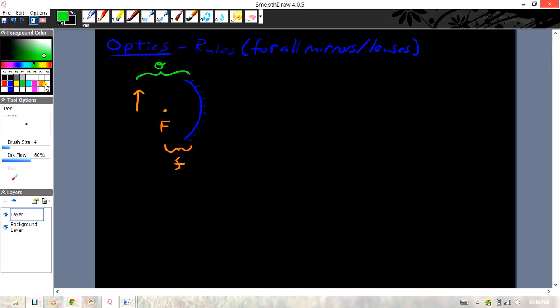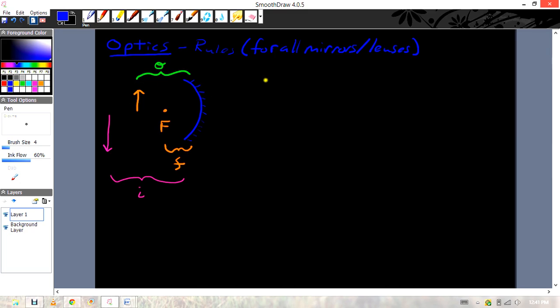So we're going to get some image, which will be some distance I. So I for image, F for focus, O for object. Awesome.